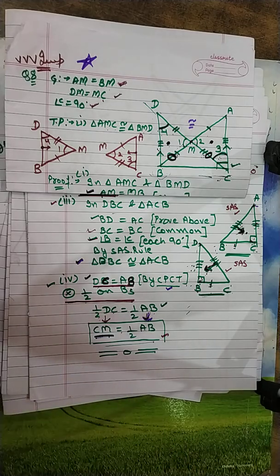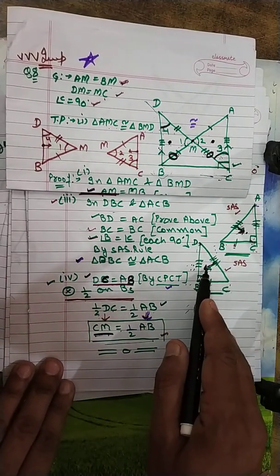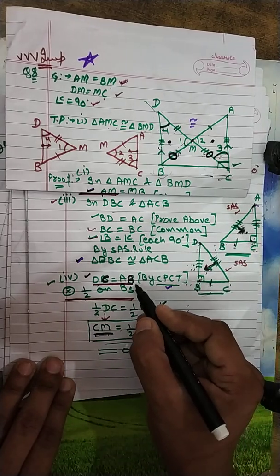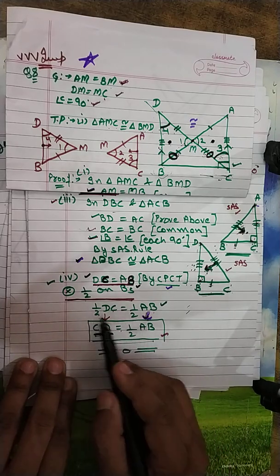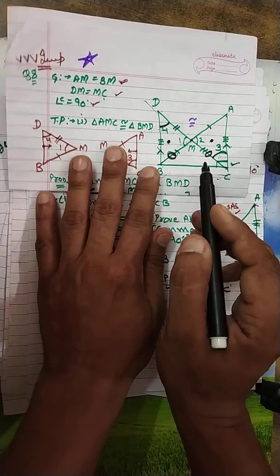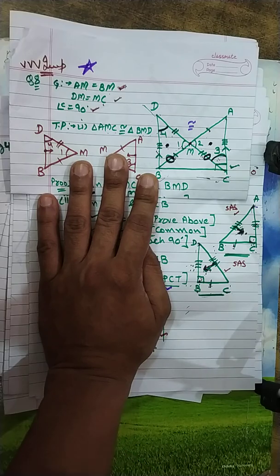Now come to the fourth part. If both triangles are congruent, then DC is a part of this triangle and AB is a part of this triangle. Both sides are equal by CPCT. Take a half on both sides. It is given in the question that DM equals MC.